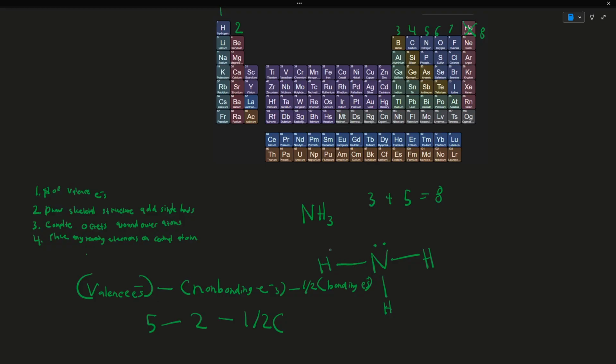So in this case, you have 3 single bonds, and like we said before, this is just 2 electrons forming the bond. So in total, you would have 2, 4, 6. And so the answer you would get for this would be 0. So nitrogen has a formal charge of 0 in ammonia.